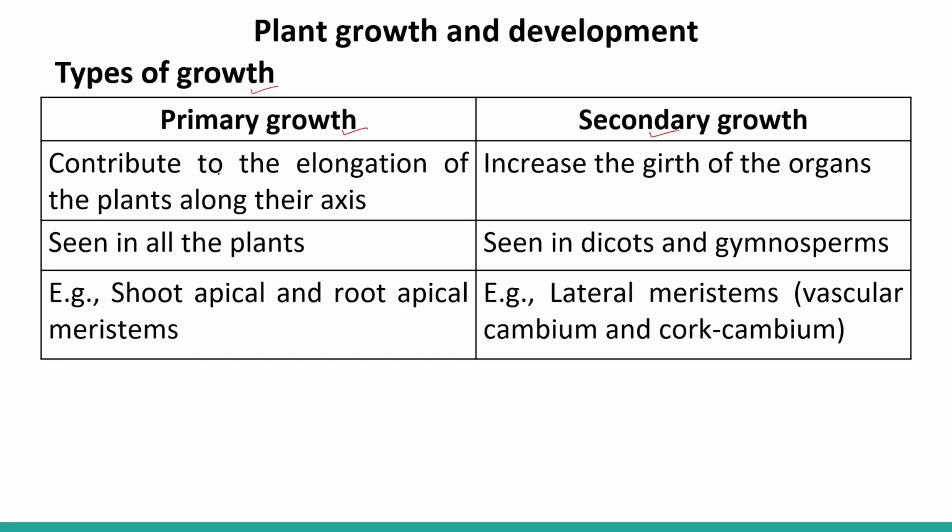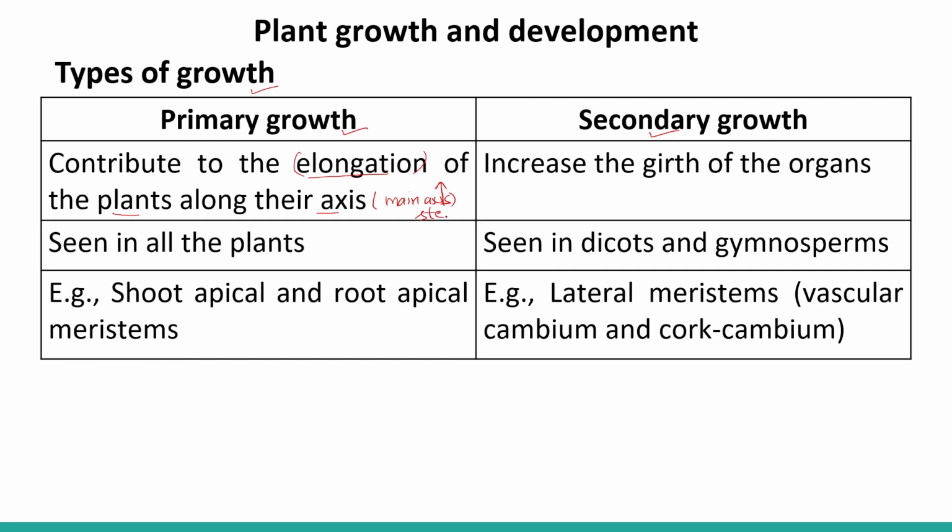The primary growth contributes to the elongation of the plant along their axis, meaning it helps in longitudinal growth, like the stem also grows longitudinally. And what does this primary growth do? It helps in the elongation of the plant, or you can say elongation of the main axis. And what is the main axis?